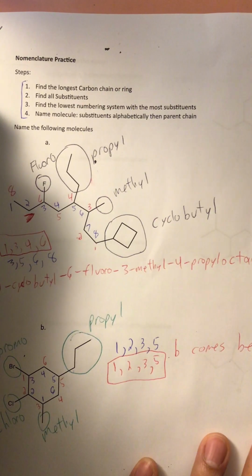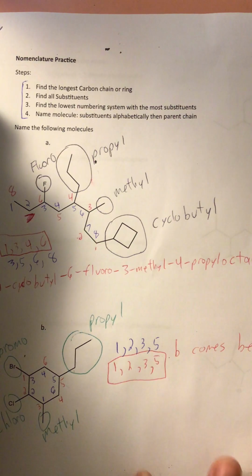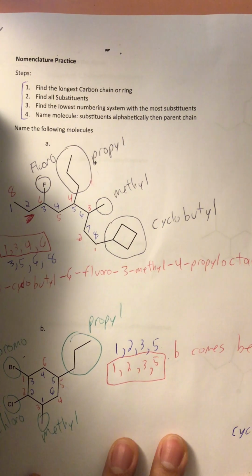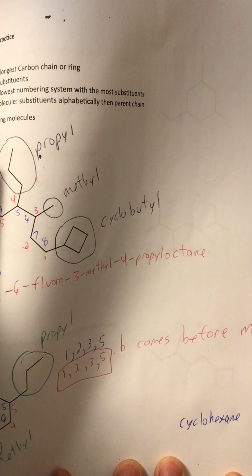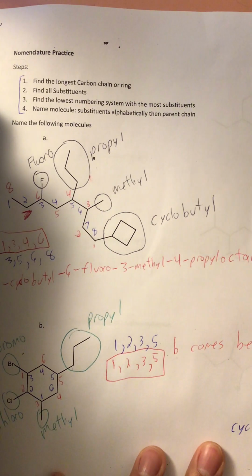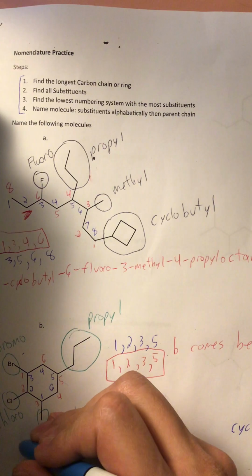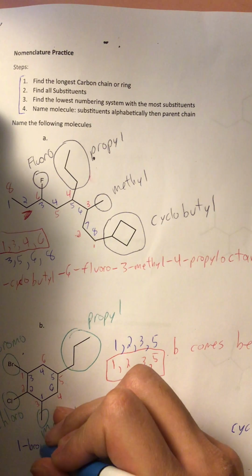All right. Now my parent chain is going to be a cyclohexane. My substituents are going to go alphabetically, and the red numbers are the correct ones. So it's going to be 1 bromo.